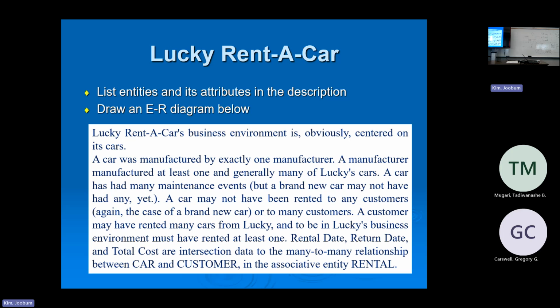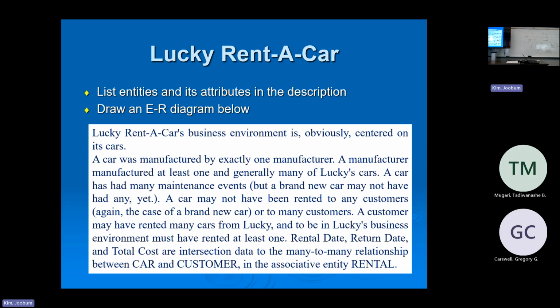You can write the attributes over there, and it'll be the car, and this is a primary key, and then attributes, and then you can use the relationship. For example, this is the relationship between the manufacturer and the car. Again, you can add the inner symbol and outer symbol, the cardinality and modality.